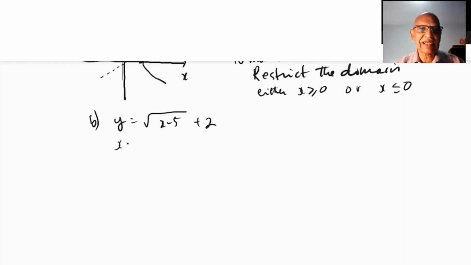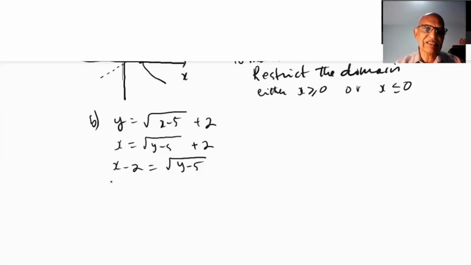Instead of y, I write x: x equals square root of y minus 5, plus 2. To isolate the one inside the square root, I have to bring this 2 to the other side. x minus 2 equals square root of y minus 5. In order to isolate the y, I have to square both sides.